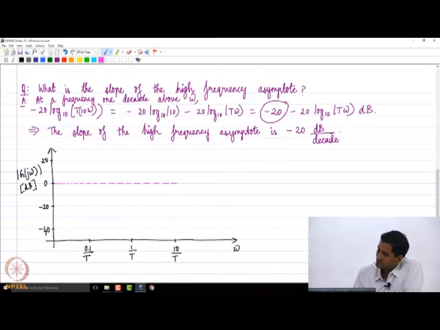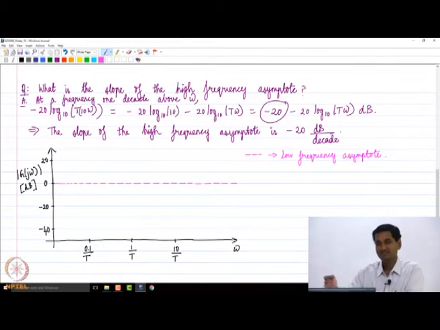It does not matter what the frequency is; it makes sense only at low frequencies, but I am just extending it for clarity. The high frequency asymptote once again makes sense only after 1 by capital T.